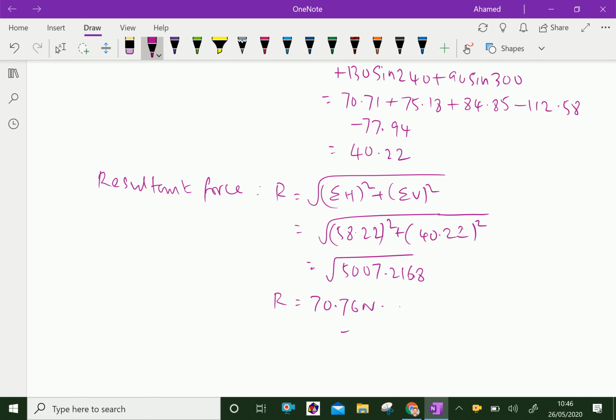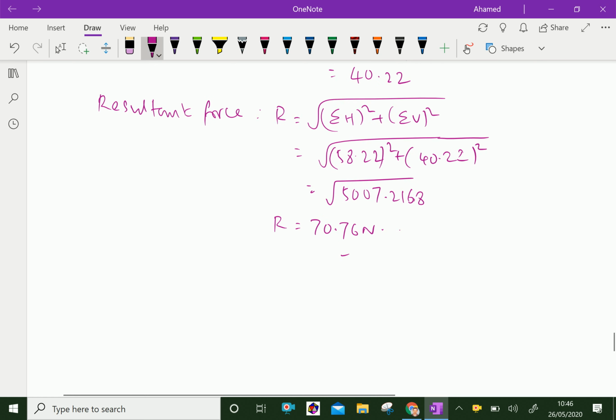Now the angle, the direction of the resultant force.